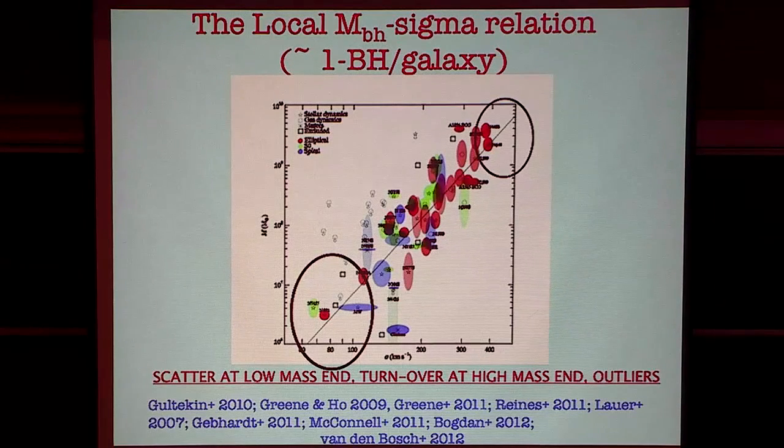Okay, so that's that. And they're very, very common. So you need to make roughly one black hole per galaxy, and that's what the local observations are suggesting. So these are, if you will, the boundaries of what we have observationally. So any phenomenological model has to obviously accommodate these two boundaries, right?